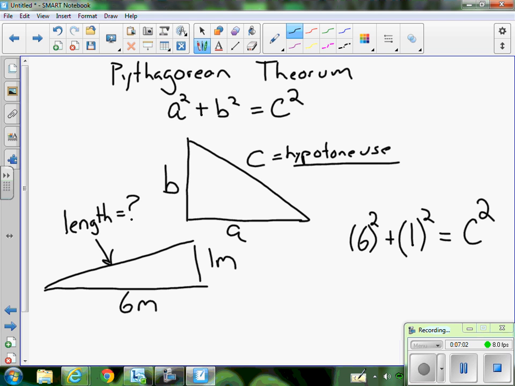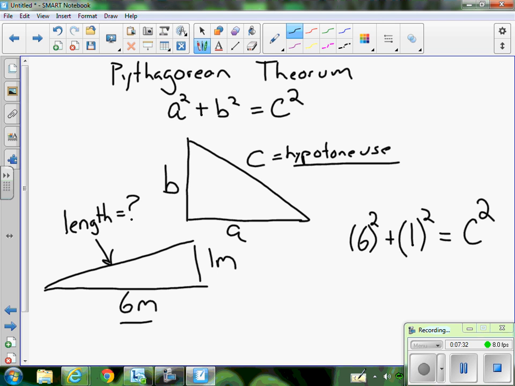Well, if I wanted to calculate, for example, the length of this ramp, let's say that I know that my truck bed, so I'm loading my sled onto my truck, is about 1 meter from the ground, and I know that it's going to be at a slope of so many degrees, and that's going to give me about 6 meters of length.